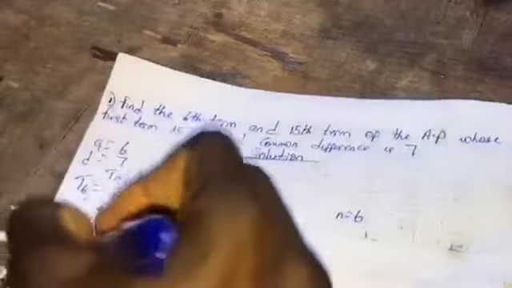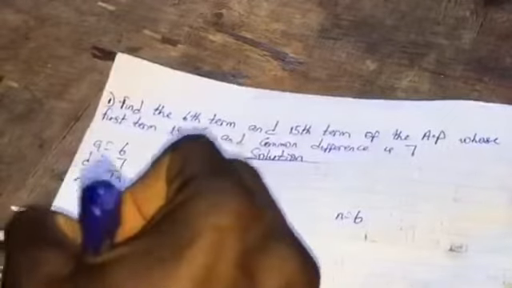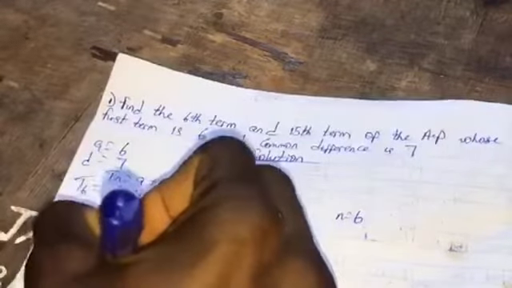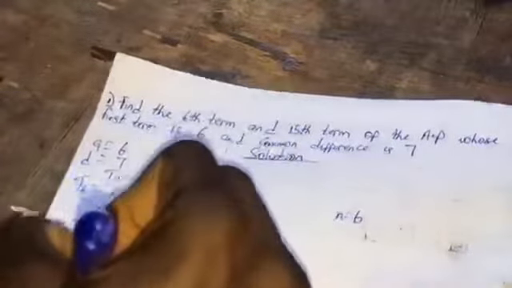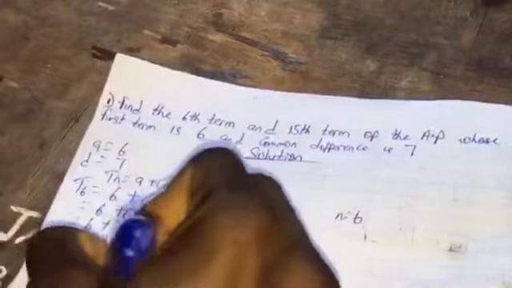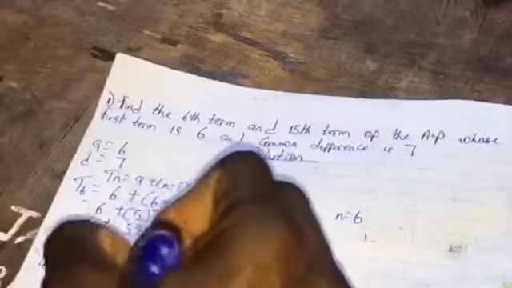Therefore your 6th term is 41, and your 15th term T15 equals a, which is 6, plus open bracket n, which is 15, minus 1, and d is 7. It will be 6 plus 14 in bracket 7.